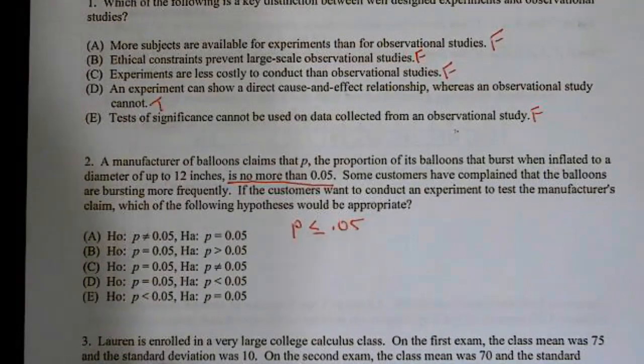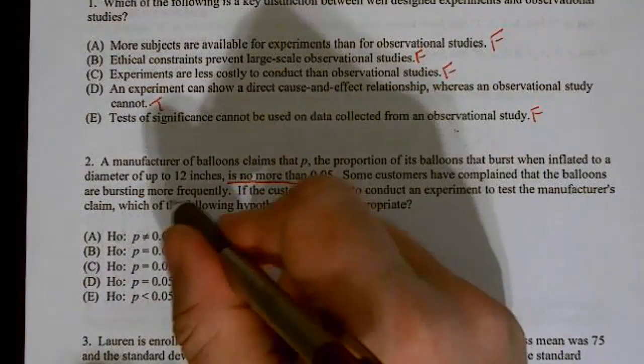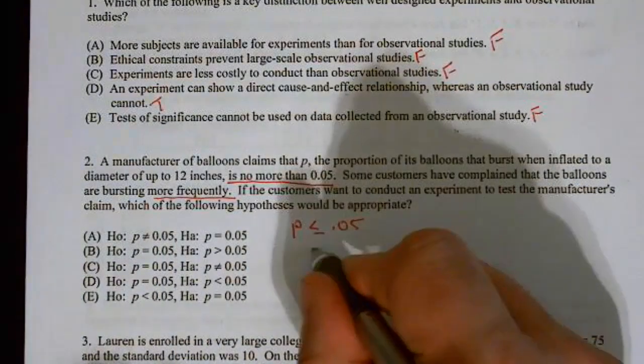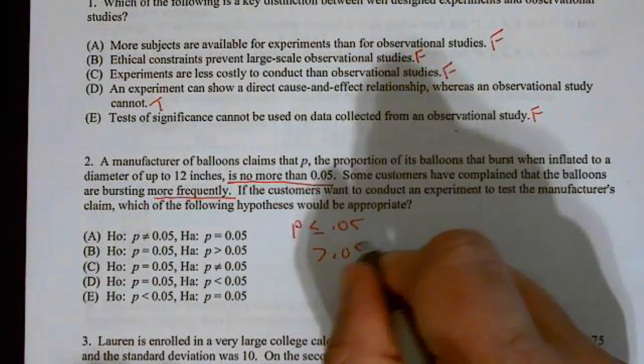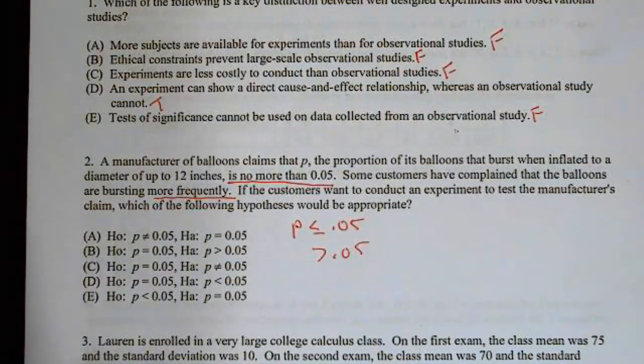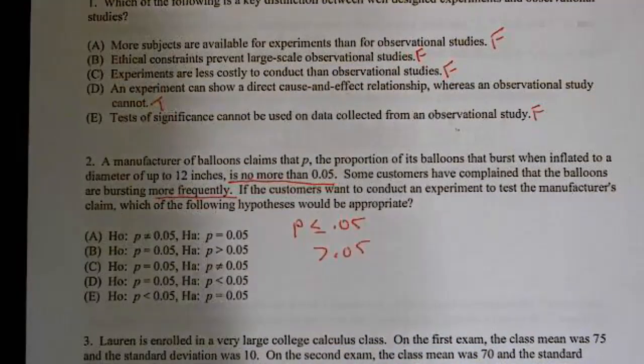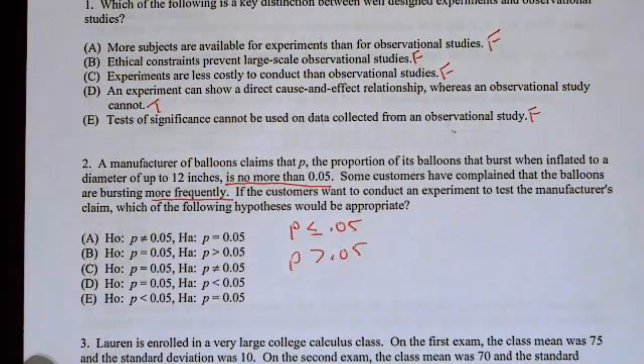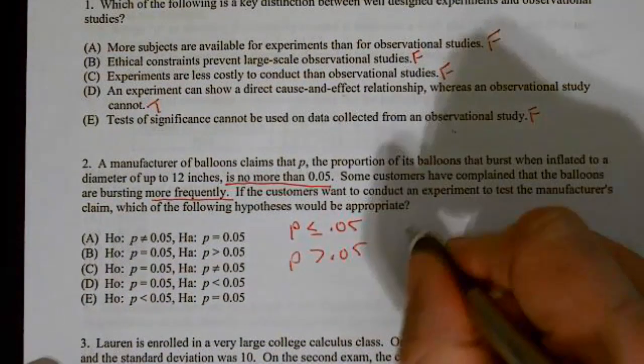Some customers have complained that the balloons are breaking more frequently. So they're claiming that it's greater than 0.05. If the customers want to conduct an experiment to test the manufacturer's claim, which of the following hypotheses would be appropriate?